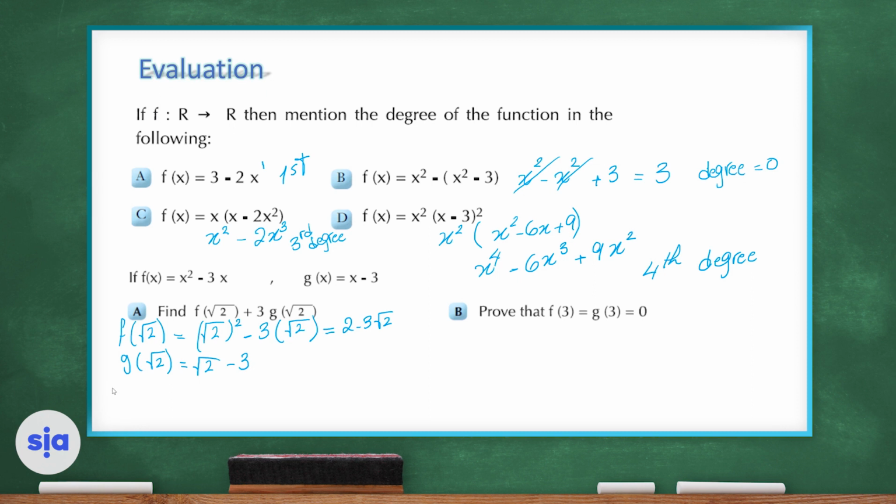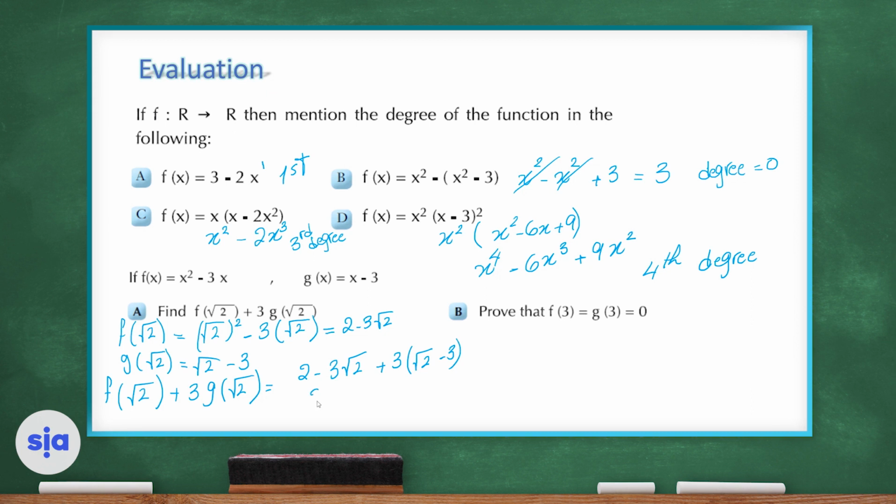Now we're going to find the f of square root of 2 plus 3 times the g of square root of 2. If you do your calculations here, you're going to get the f that we have up, 2 minus 3 square root of 2 plus 3 times square root of 2 minus 3.